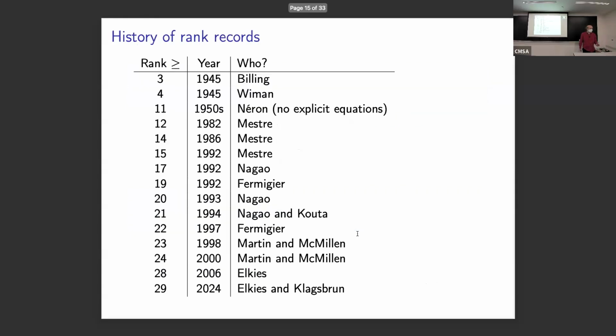All right, so now let me get to the question that I was just asked: is it believed that the rank is uniformly bounded as you vary the elliptic curve? Here's a table of the largest rank that has been known as a function of time.